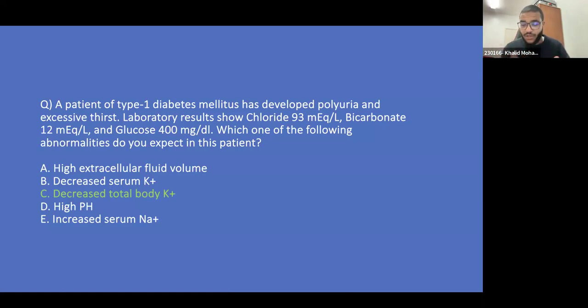The glucose is highly osmolar, so it pulls a lot of water, and that's why they urinate a lot. With this urine, they're losing a lot of potassium, and therefore they'll have lower total body potassium. This is a very important differentiating point. So do you guys understand why it's C now?